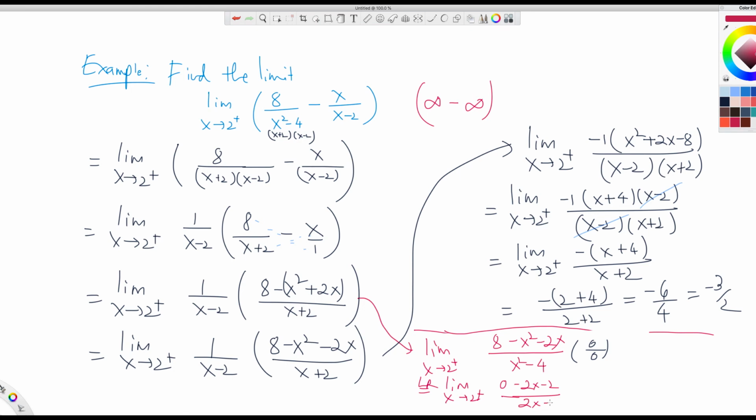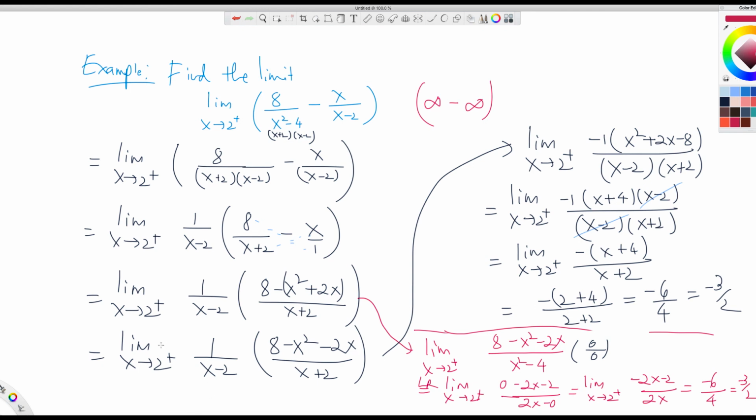If you plug in the limit, you will get negative 2 times 2 is negative 4, minus 2 is negative 6, over positive 4. That is negative 3/2.